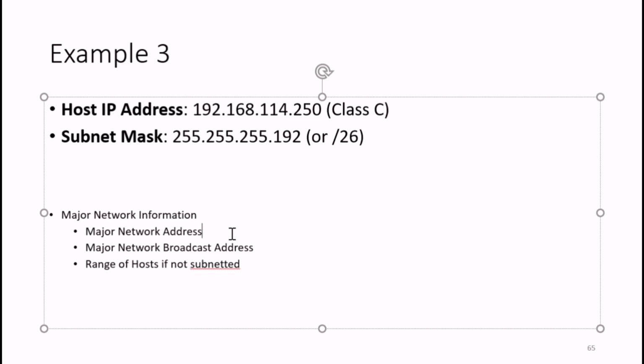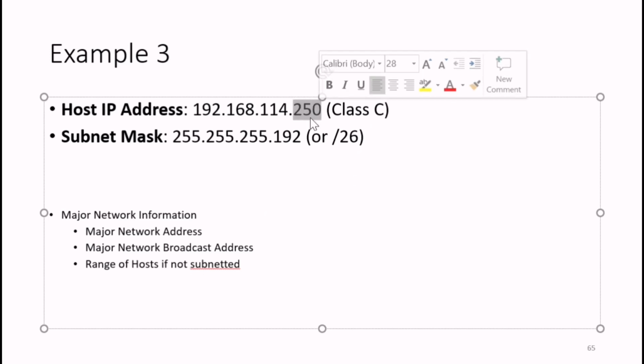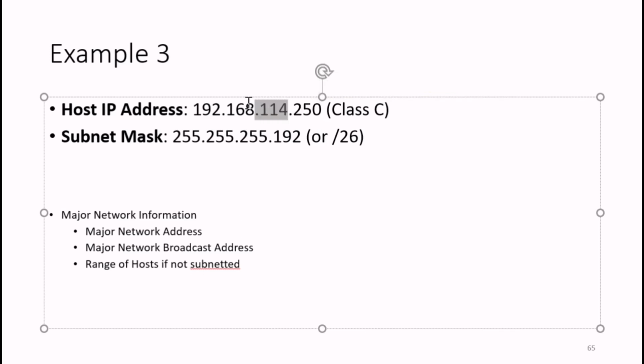So class C means the last octet here is the host, and the first three are the network. So from here we know that the major network address will be 192.168.114.0. So this is the network address.